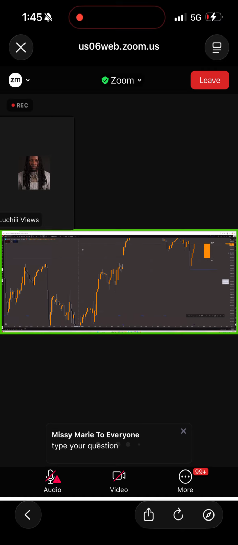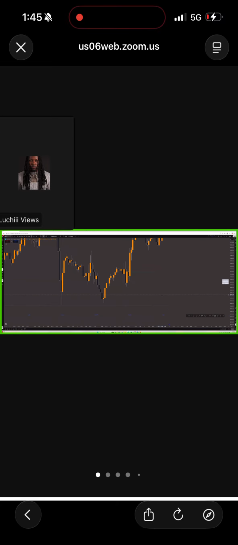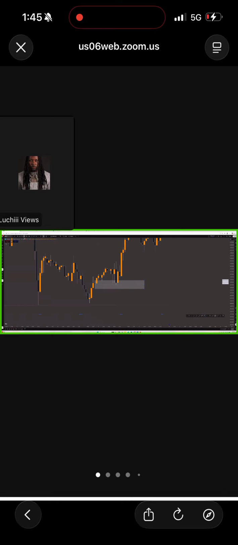Okay, so this would be my order block right here on the hourly time frame, and then when I go to the 5-minute time frame, this is my liquidity right here and right here, inside of this 1 hour order block, to go higher. Okay. Thank you. No problem.